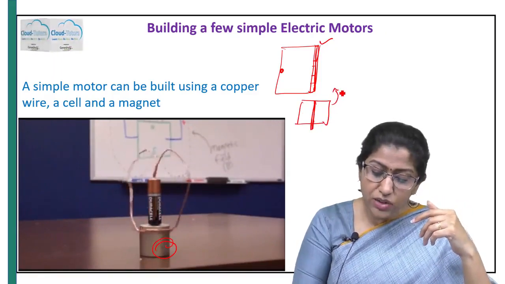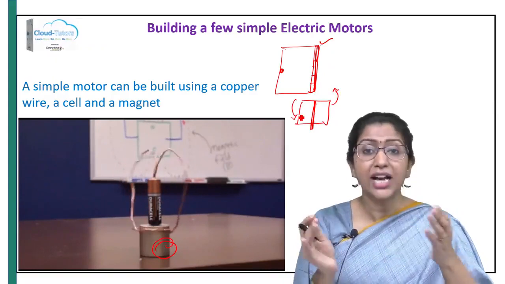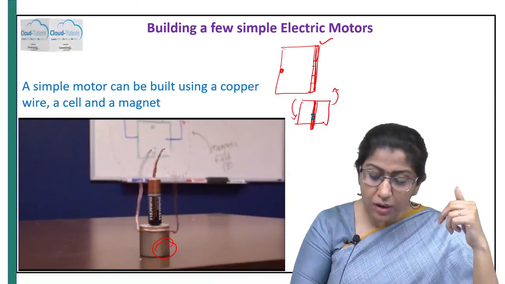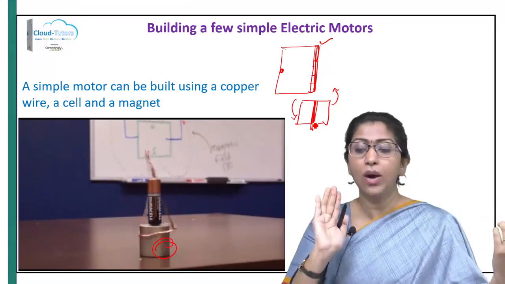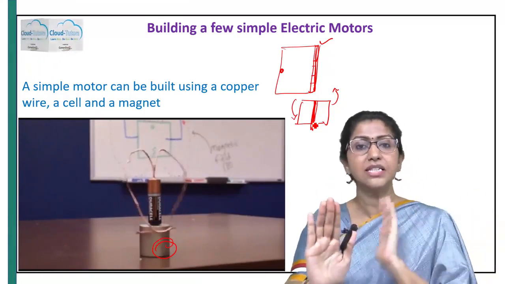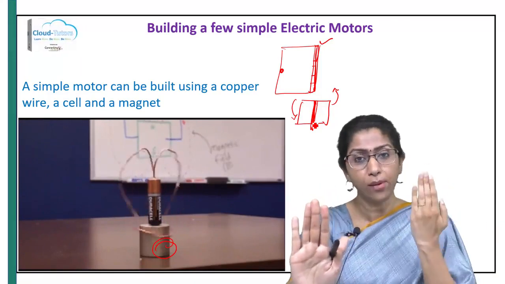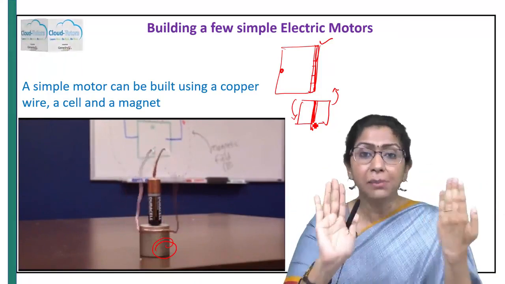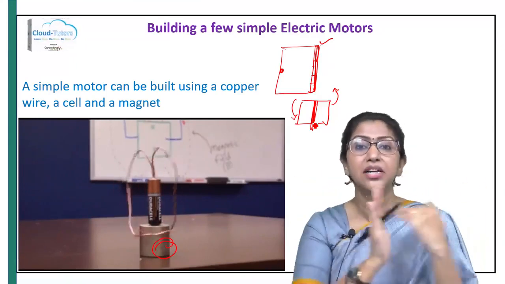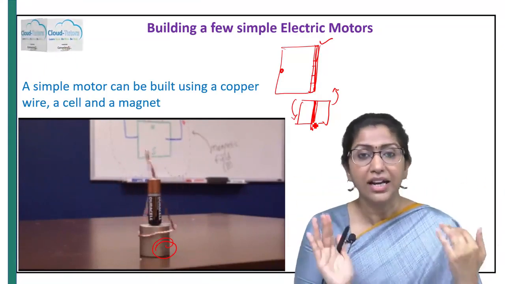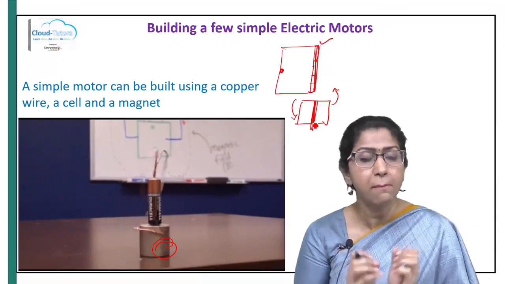If a person has to go in, this entire gate has to rotate because it is pivoted at the center. So in order to rotate the gate, one person goes in, and another person can come out. So basically there is a push and a pull acting simultaneously on the object which is pivoted at the center, hence producing a rotation, right? This is exactly what happens in an electric motor.